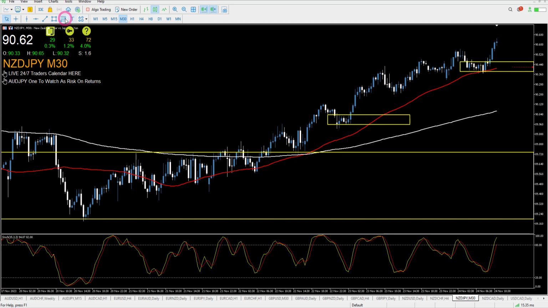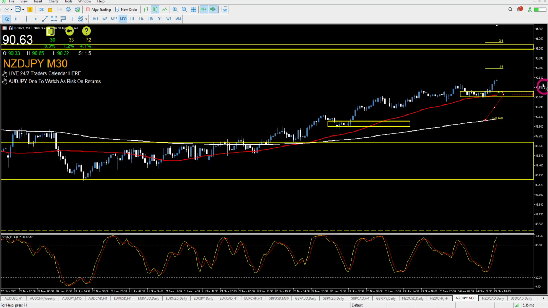I think the bonus with this one is, let's say price came into this level here, ATRs are around about 33 pips, and the 200 moving average on this 30-minute time frame is 36 pips, and you've got nearly a 2-to-1 risk reward up to that level of resistance.